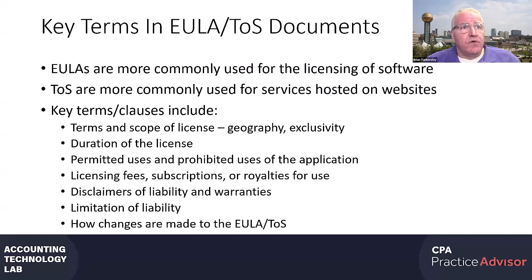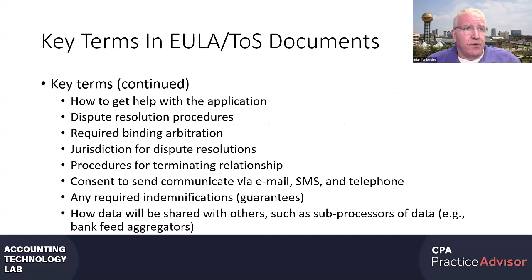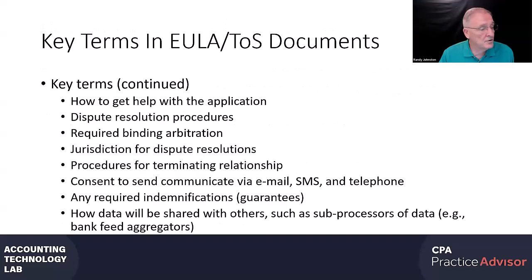Now, Randy, you want to go through some of the other terms that are in this? Well, additional terms are how to get help with the application and how you resolve disputes. The binding arbitration, as you've already mentioned, Brian, tends to be in friendly jurisdictions or near their headquarters.